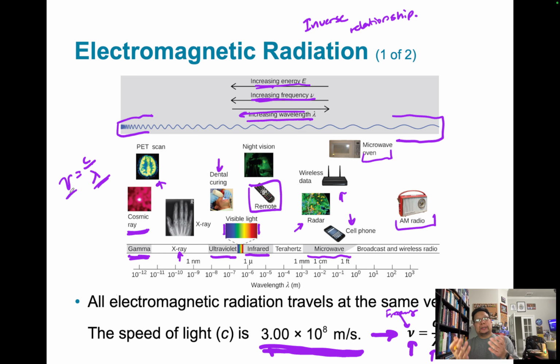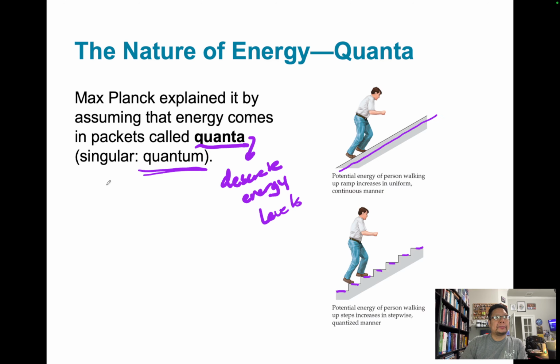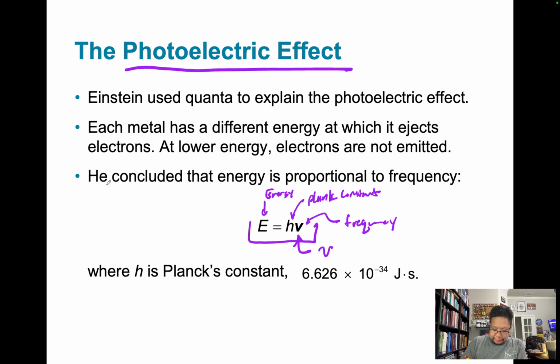It doesn't tell you actual energy. So how do you convert either the frequency, nu, or lambda, the wavelength, into energy? Well, you use this equation right here, and you plug in. One of the questions I might ask you is, say you have electromagnetic radiation of 450 nanometers. Determine its energy, right?